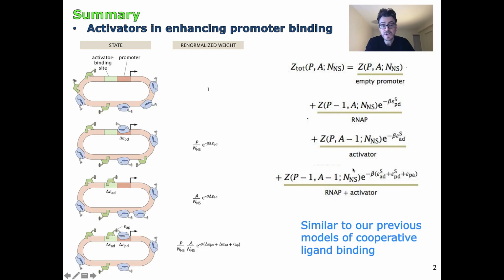And as we're going to show, you can consider the system as having effective weights for each of those macro states, if you like. And that's what we're going to derive now.